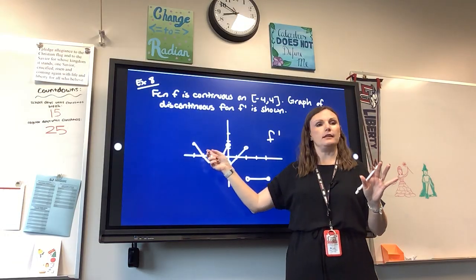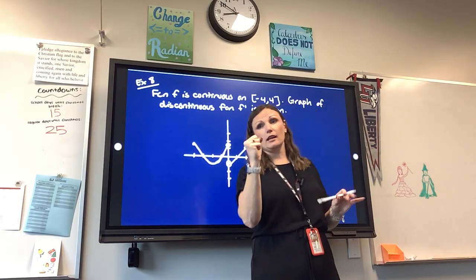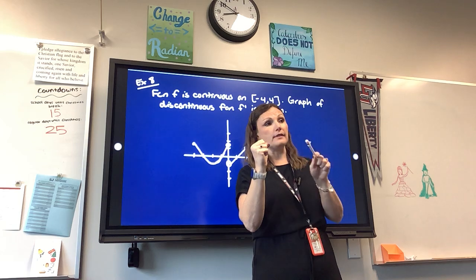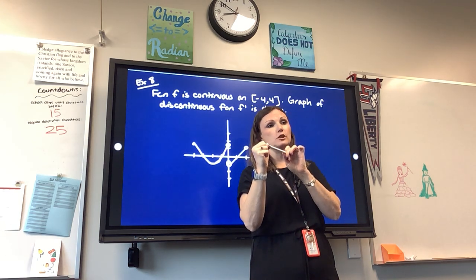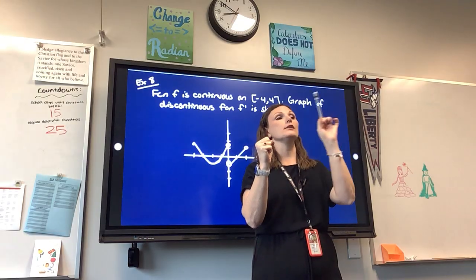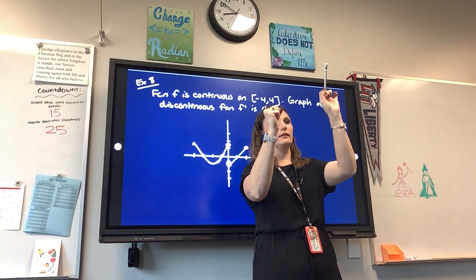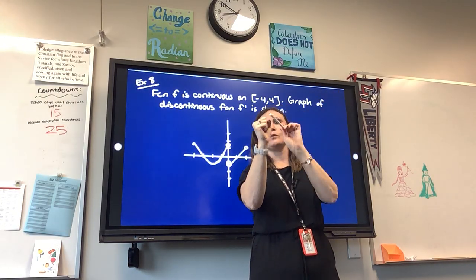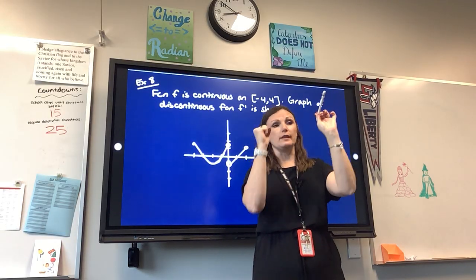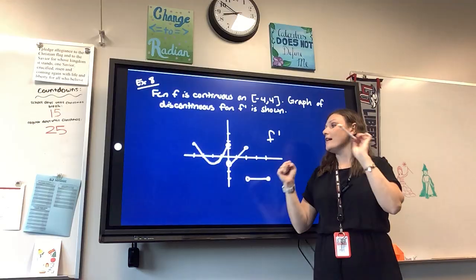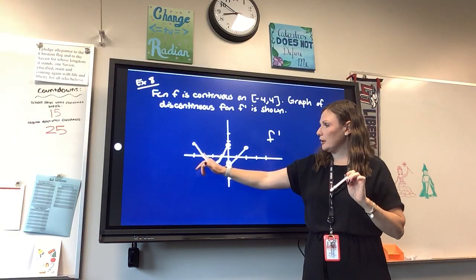F prime is positive at endpoint -4, and after that, f prime is positive. What does that mean f is doing? It's increasing. So what did we just create there? A min, because we're stopped at the endpoint and then we go up from there, so that creates a min. Okay, then what happens right here at -3?